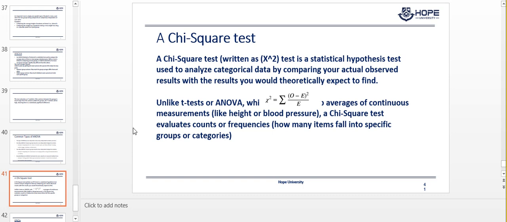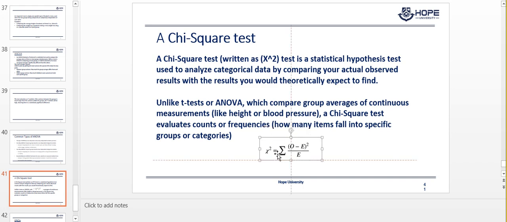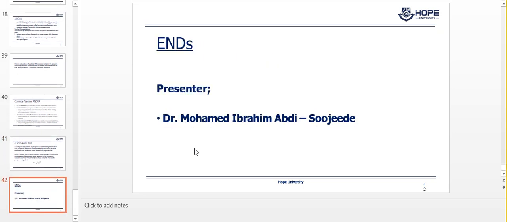For example, if we are tossing a coin, there could be only two options. Unlike the t-test and ANOVA, which compare group averages of continuous measurements like height and blood pressure, the chi-square test evaluates counts or frequencies, how many items fall in a specific category.